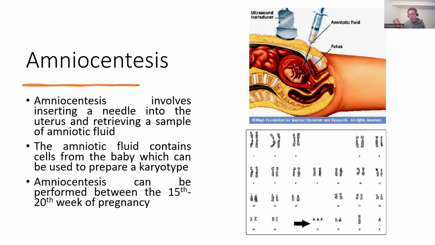Not everything can be picked up by karyotype, some things you just can't, but some things like Down syndrome, extra or missing chromosomes, those you can pick up by karyotype. So if the doctor suspects a higher risk of these kids having inherited these conditions, then that would be an option for the mother. Sometimes they do an ultrasound and see something abnormal on the scan, then they could suggest a follow-up amniocentesis. Okay, thank you.